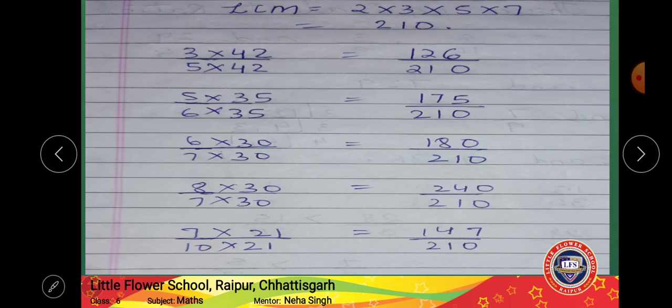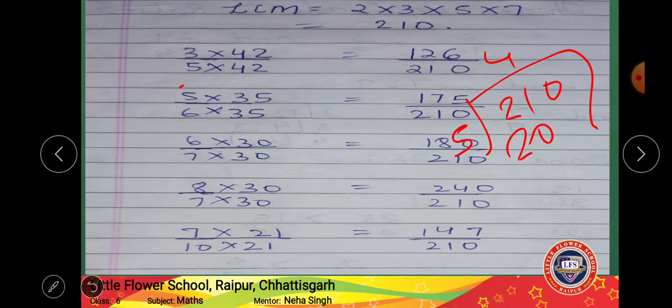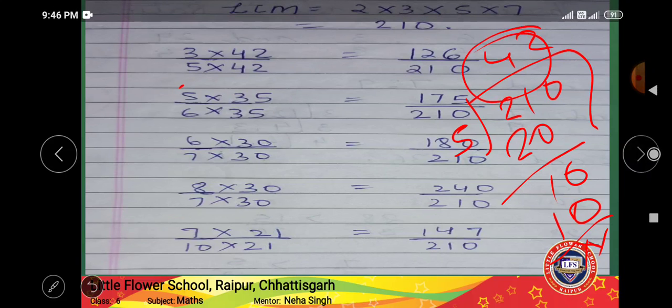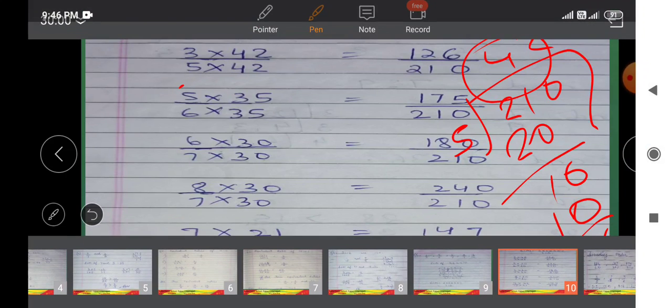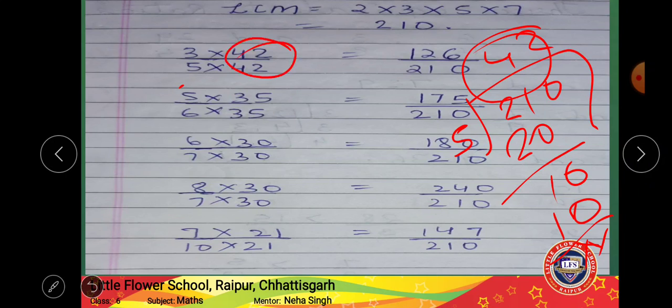I will divide 210 by 5. Whatever is the quotient, I will multiply. 5 4s are 20, 1 carried 0. 5 2s are 10. What is the quotient I am getting? 42. So for this fraction 3 by 5, I will multiply 42 in the numerator and in the denominator.